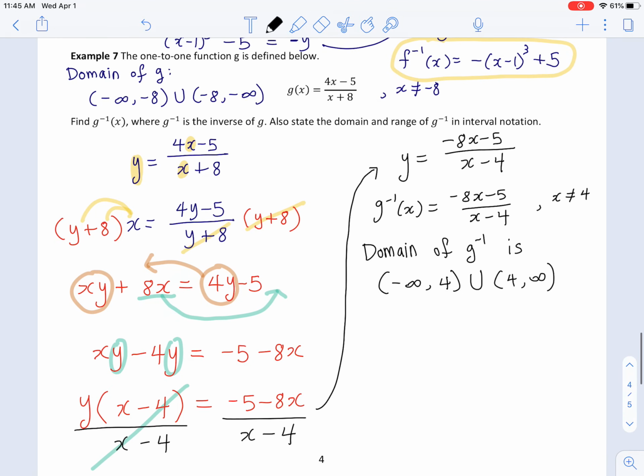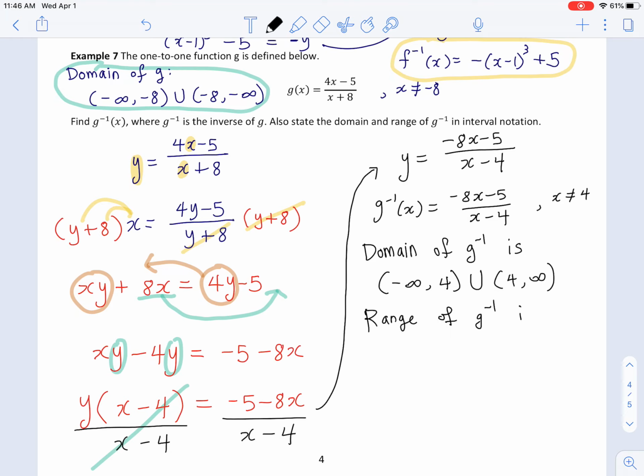Now they also wanted the range, right? Now remember that. The cool thing about a one-to-one function, the inverse function, is that we got this inverse function by switching x and y. Remember I asked you to find the domain of G? The domain of G, what used to be the possible x values, are now the possible y values of our inverse function.